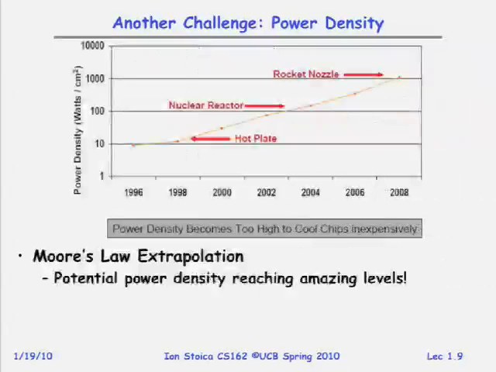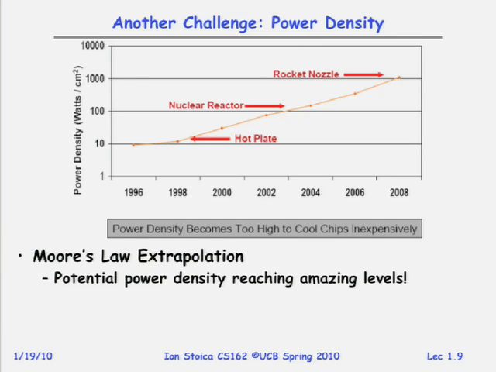So going back to this point about the power, okay? This is a plot showing, in easy to understand terms, what the power density would have been if you were to follow Joyce's law.